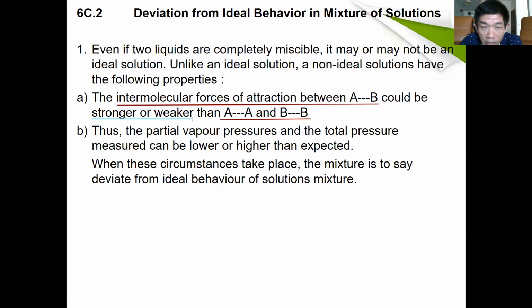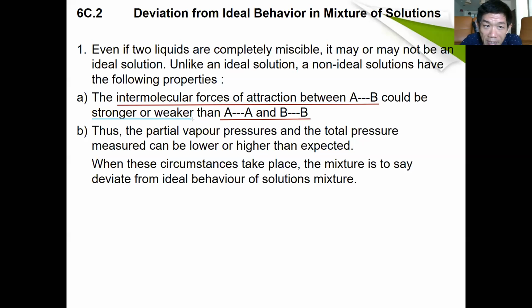Let's say if it is stronger, then it will exhibit what we call a negative deviation, and when it is weaker, later we will study that it has a positive deviation. So that's what deviates from the ideal behavior inside a mixture of solutions. When this occurs, the partial pressure and the total pressure can be higher or lower than expected.